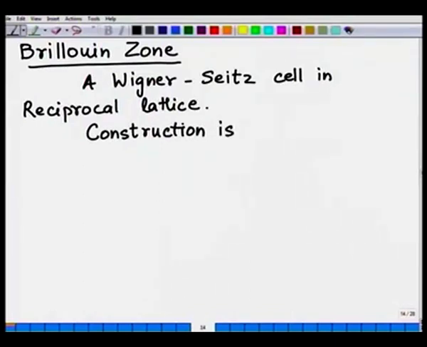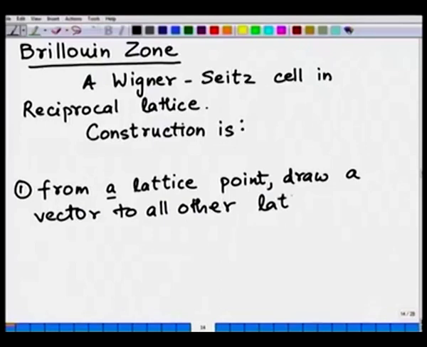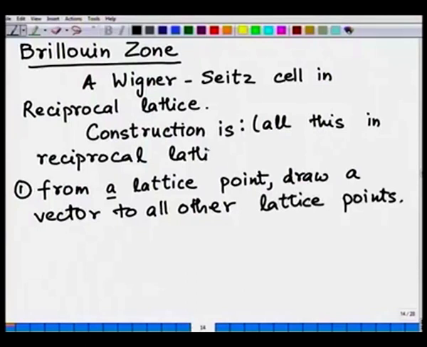So, essentially, the construction is: from a lattice point, draw a vector to all other lattice points. By the way, all this is in the reciprocal lattice.